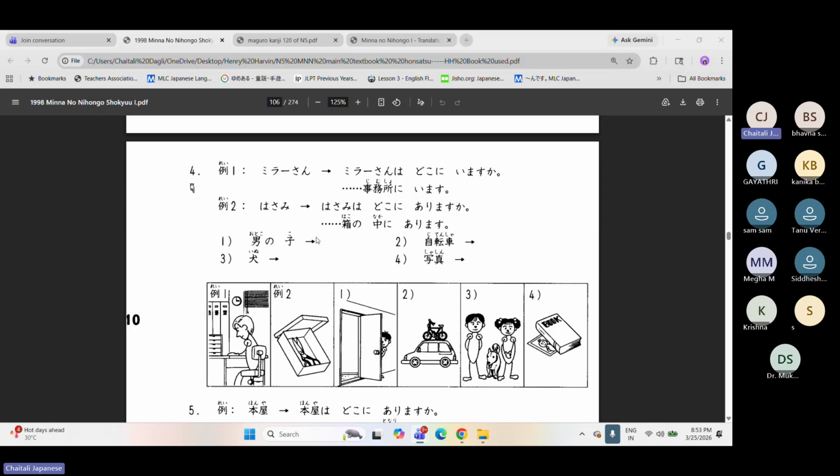Okay. Inu, dog. Where is the dog? Inu wa doko ni imasu ka?